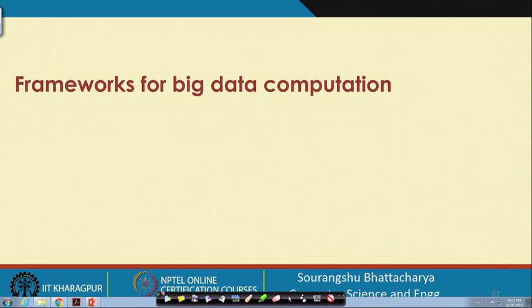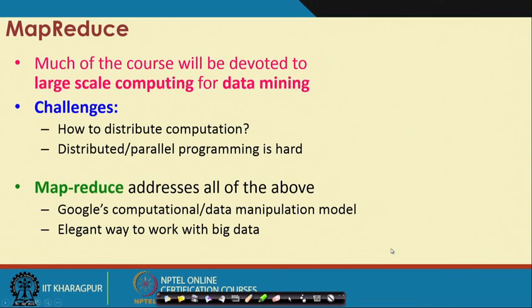The third important area is frameworks for big data computation. Much of the course will be devoted to large scale computing for data mining. The main challenges are, first, how to distribute the computation.